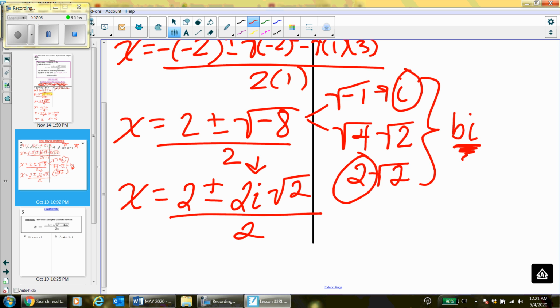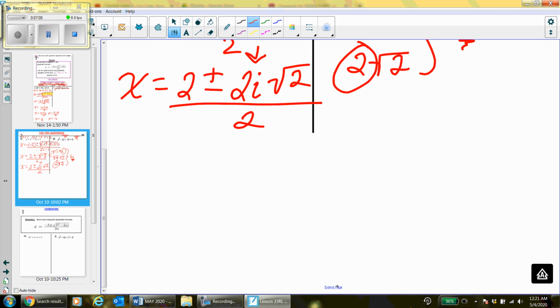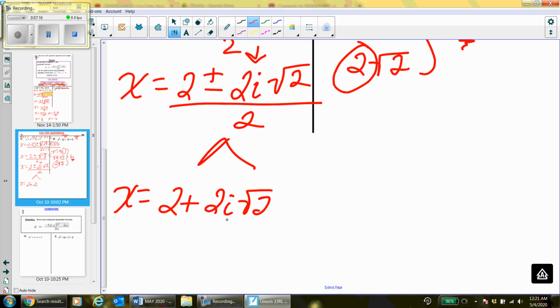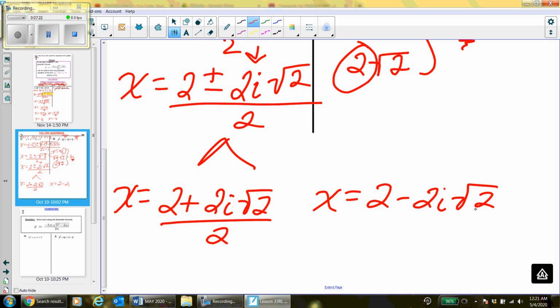Okay, so now separate this into two equations. This is going to be x equals 2 plus 2i radical 2 over 2, and x equals 2 minus 2i radical 2 over 2. Now all these 2's, excluding the one in the radical, can be simplified. The one in the radical can't be.